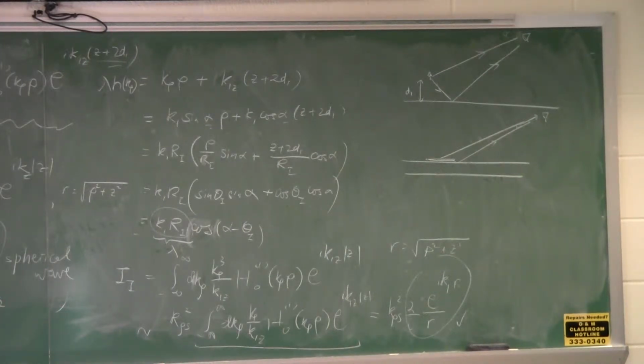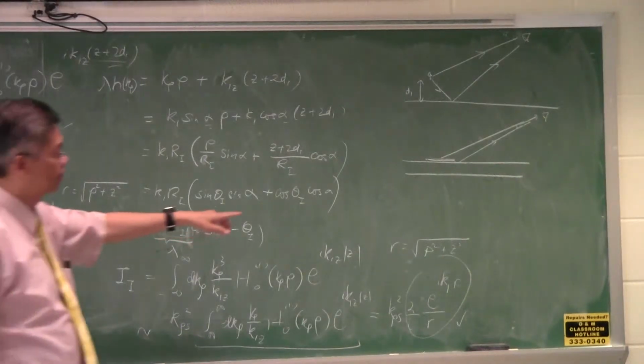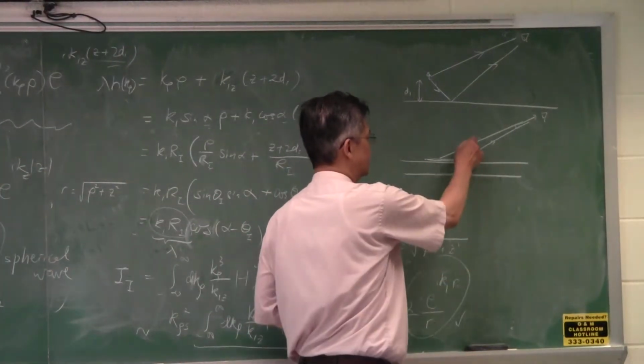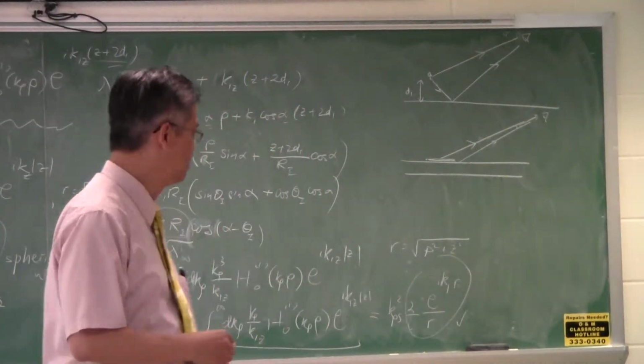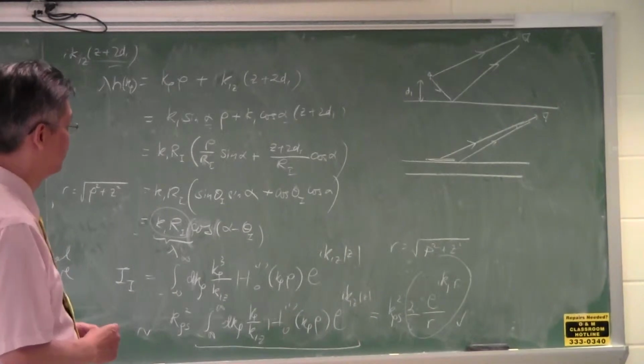The patch antenna can be close to the layered medium as long as the observation point is far. And these two rays will interfere with each other, giving you the interference pattern that you have.